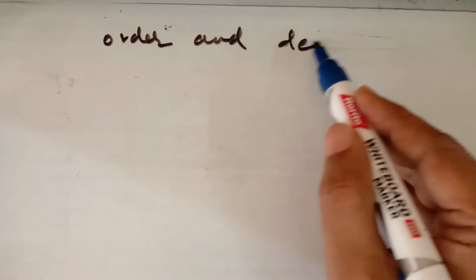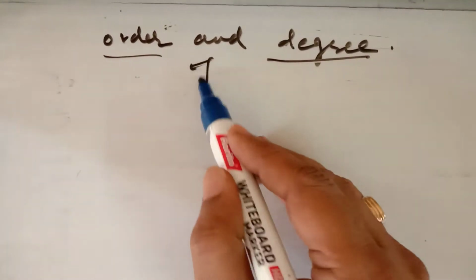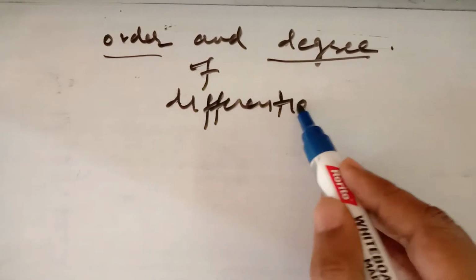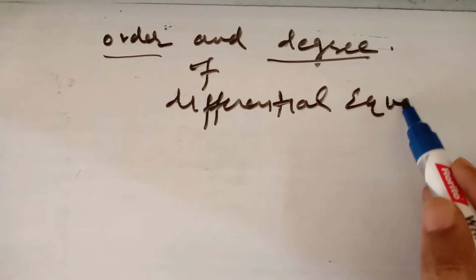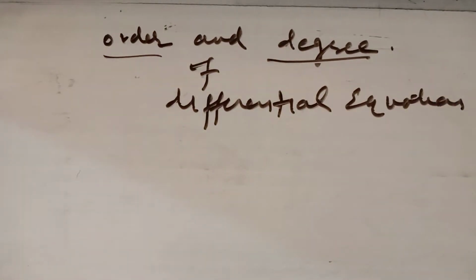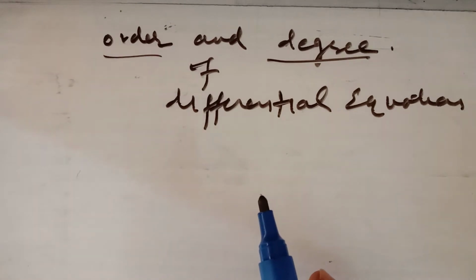Order and degree of differential equation. Now what is order and what is degree of the differential equation? Now the order of the differential equation is the highest derivative of the differential equation.